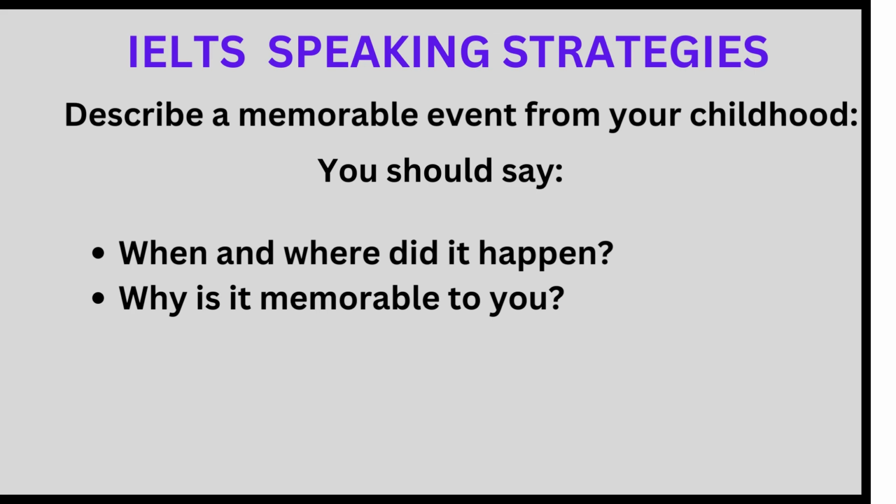So what are you going to think about your strategies from this particular aspect? Let's go through them quickly. Past, present and future. Well, we can't really use that because they want a memorable event from your childhood. So the present and the future doesn't come into play. So we'll disregard that one. The second strategy, give 2 answers. Yep, that'd be very, very good.